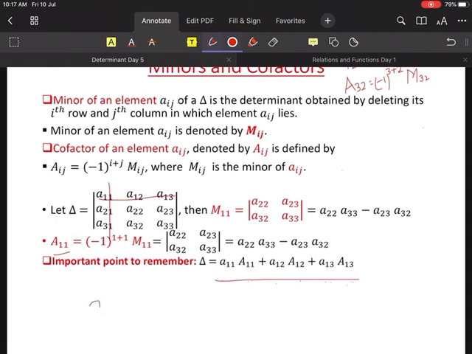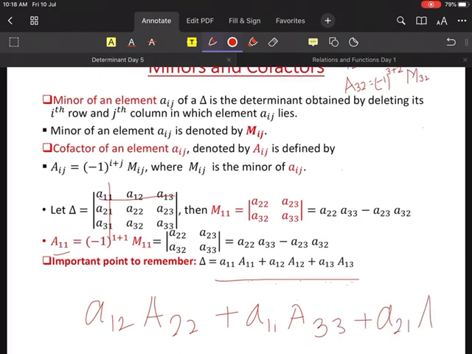Now look at here. Can you tell me the value of this one? Wait a second. Look, can you tell me the value of this one? You see, the elements are not multiplied with their corresponding cofactors, right?